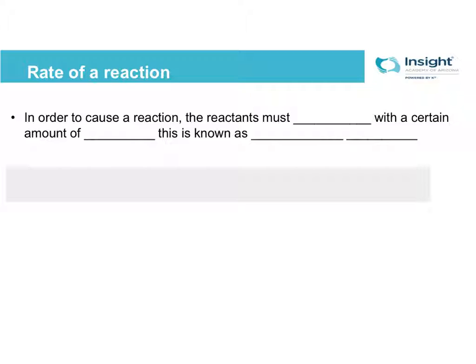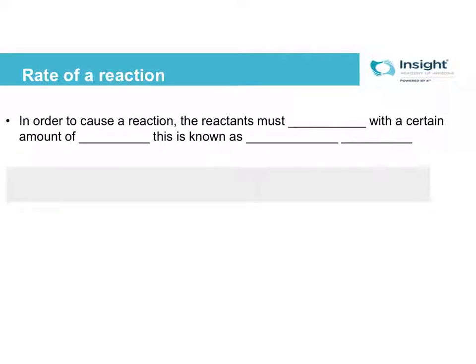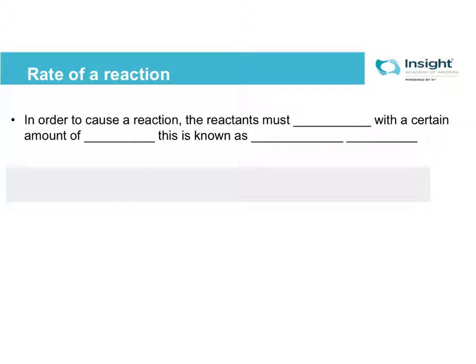All right, so just a quick review so that we know kind of what's going on inside of a reaction here. We talked in the last recording about the fact that in order to cause a reaction, the reactants must, so what do the actual chemicals have to do? They have to collide with a certain amount of, hopefully you're thinking the word energy.